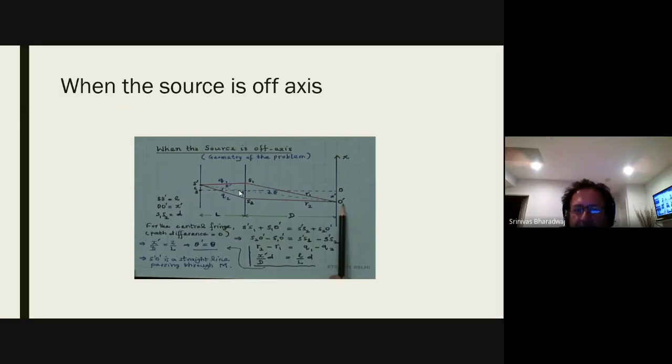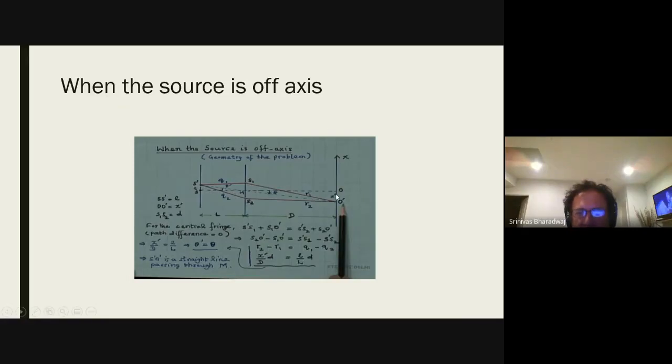Okay, so L by L is the level to which you shifted the source, and the shift in the fringe will correspondingly be shifted that much. So the D's will cancel out and you'll have X prime by capital D, right?